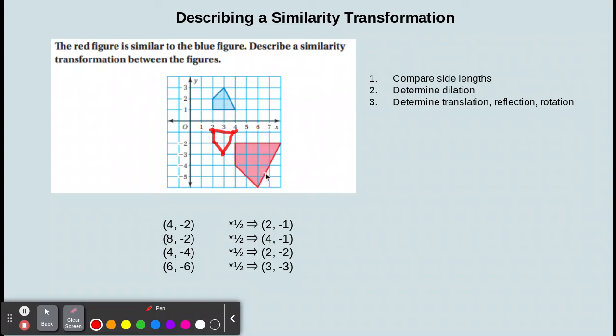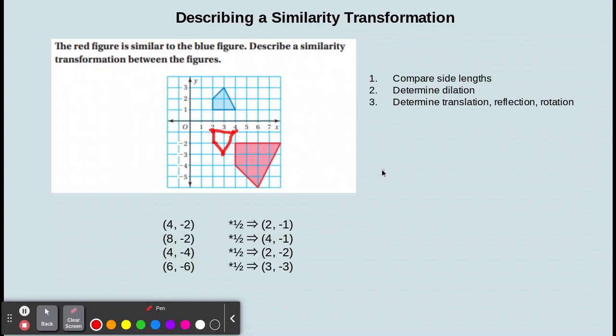So now you can see once we've dilated it, all we have to do then is what? We need to reflect it in the x-axis. When we reflect it in the x-axis, we know that our x values are going to stay the same and our y will change, which means it's going to go up over here.